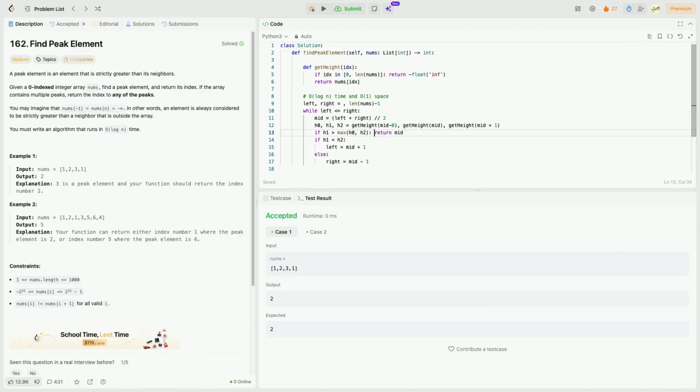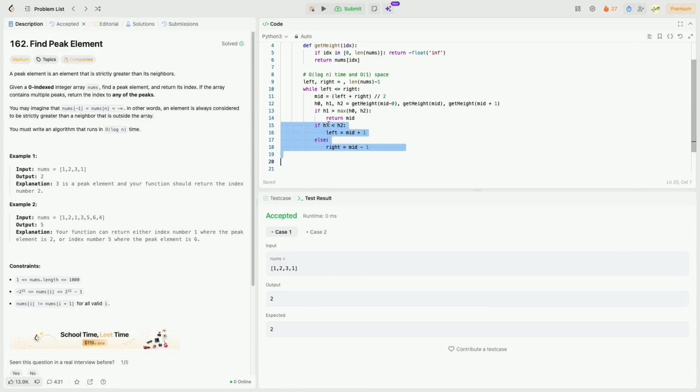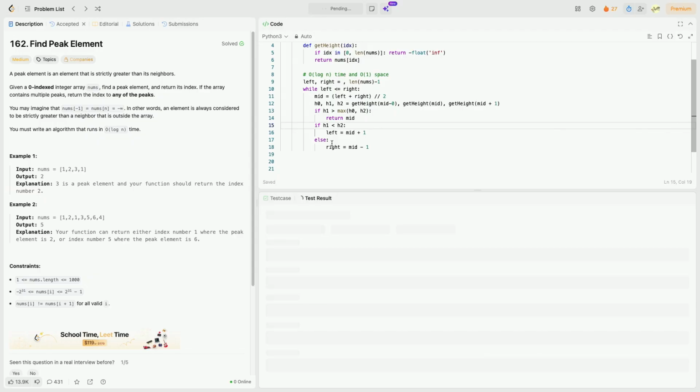That is our index. Yeah, and I think that is about it. And we actually don't have to do anything here because it's guaranteed that there are peaks. So one of those two cases will always catch. And we're guaranteed we're not going to see an equal anyways, so we don't have to worry about that.